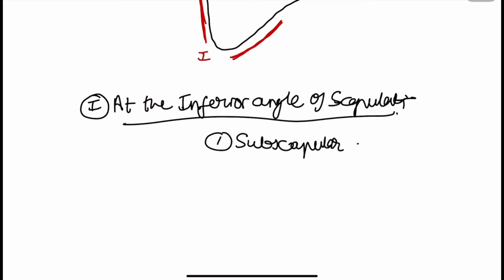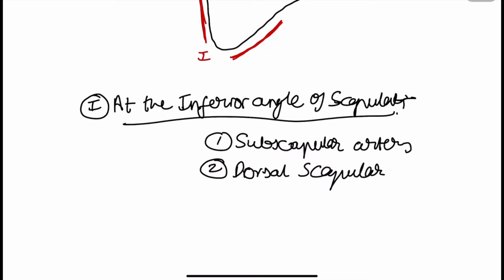You have heard of this name before. You just heard it. It is the branch of third part of axillary artery. And the second one is your dorsal scapular artery. You might not have heard of this name before because I never taught you about it. It is the branch of third part of subclavian artery.